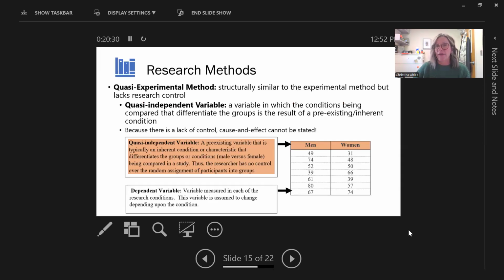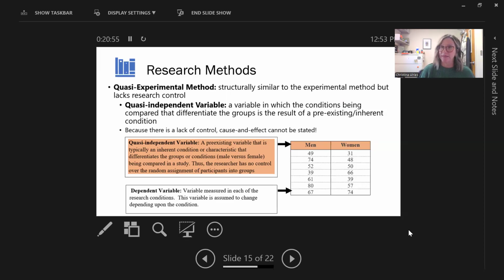So another research method is the quasi-experimental method. It is very similar to the experimental method, but the researcher lacks control. And that means the researcher cannot control or randomly assign people. Typically when we say quasi-experimental method, it's because there's a quasi-independent variable.